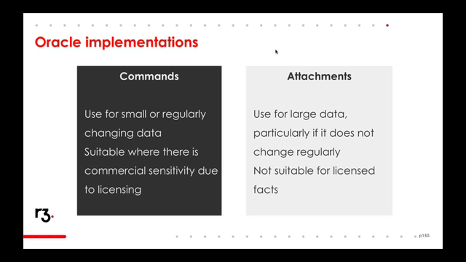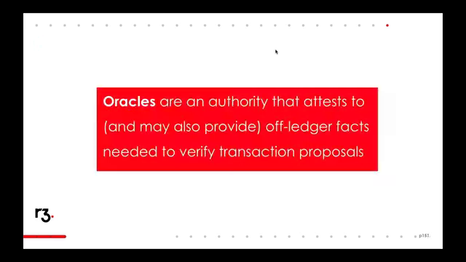Typically you would use commands for regularly updating or changing data, and you'd use attachments for large data structures that don't change regularly. As a recap, you can view oracles as an authority that attests to and may also provide off-ledger facts needed to verify transaction proposals. So attesting and also providing is pretty crucial to remember.